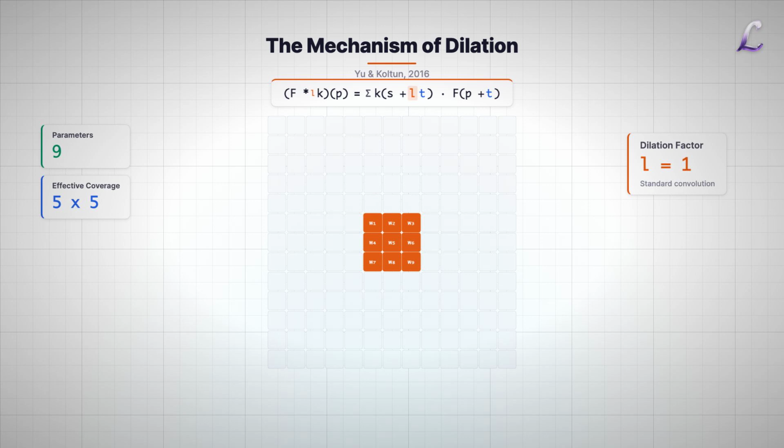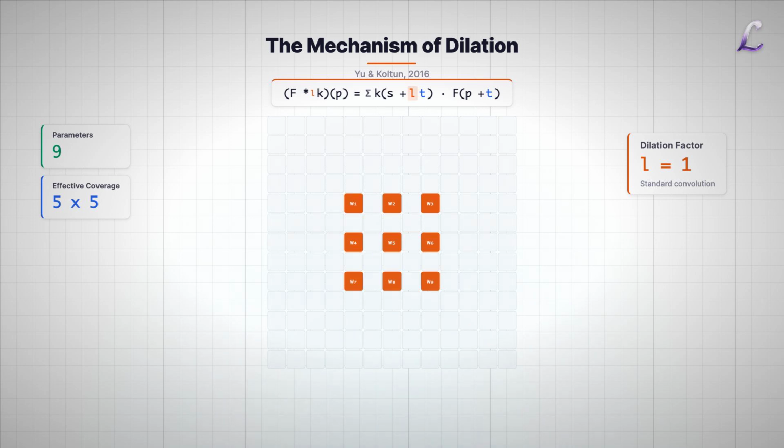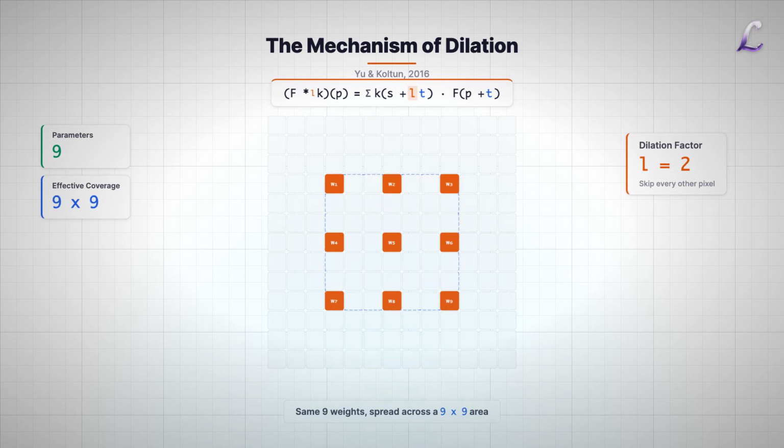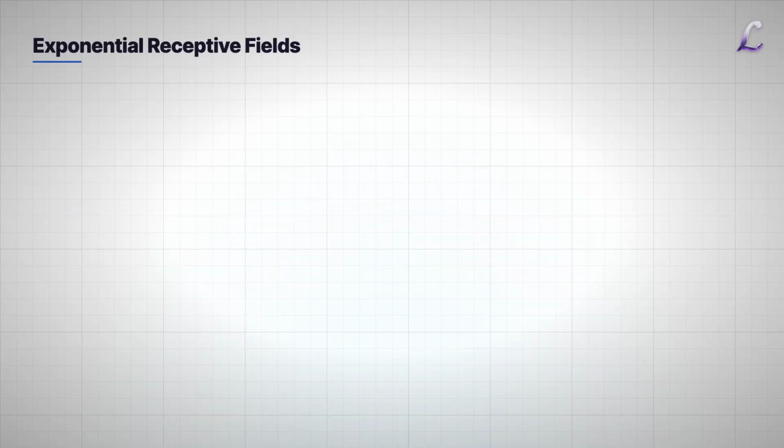The filter now effectively covers a 7 by 7 area, but it still only has 9 parameters. It computes the same amount of math, but it sees a much wider area. Crucially, the authors clarify that they aren't constructing a sparse filter with zeros in it. They are modifying the way the operator accesses the data. Same parameters, wider reach.